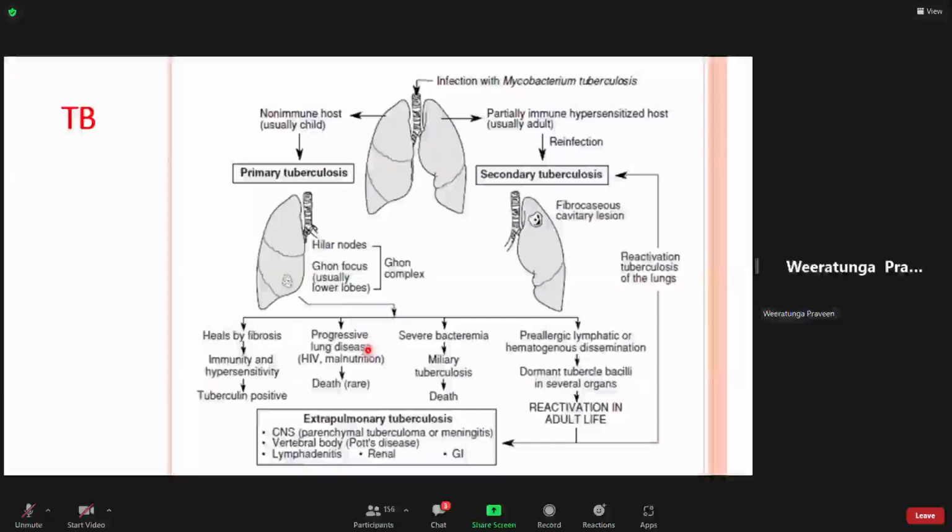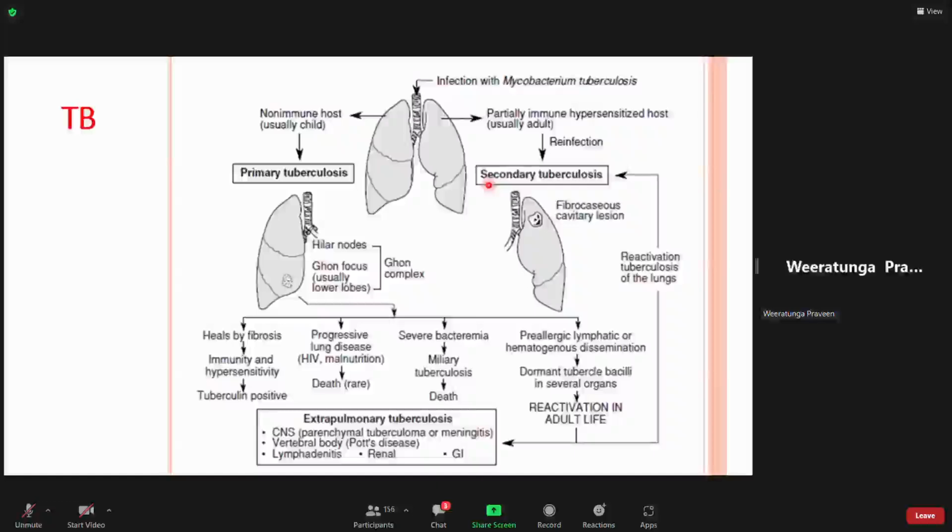Now, secondary tuberculosis is either reinfection with TB later in life, or reactivation of the TB. When you get primary TB there is bacterial seeding, so you can get reactivation in the lungs or in other places later in life.